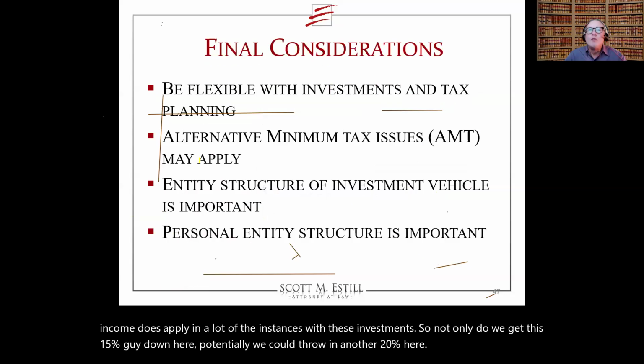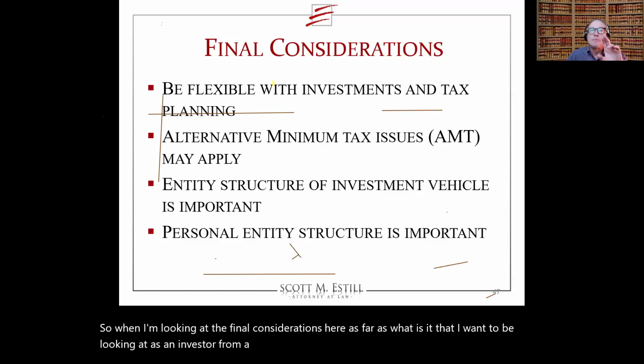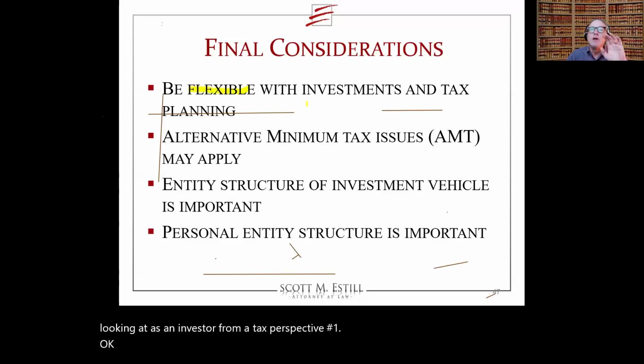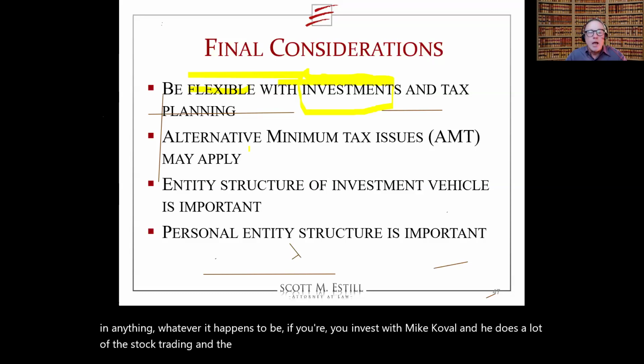So when I'm looking at the final considerations, as far as what I want to be looking at as an investor from a tax perspective, number one: be flexible. And I don't mean only with investments, but if you're investing in anything, whatever it happens to be, if you invest with Mike Koval and he does a lot of the stock trading and option trading, you still have to have flexibility there.